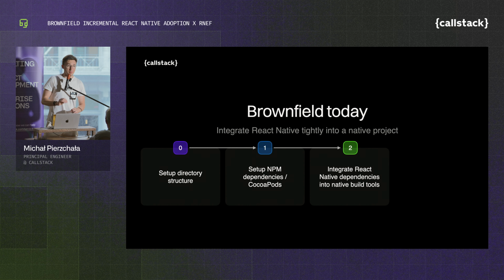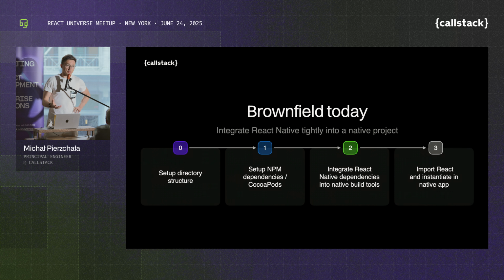And once you're past that for Android and for iOS, you can import React and instantiate it in your applications. And there are good APIs for doing that, specifically React Native Factory that Oscar from our team contributed to the core of React Native over the last year.